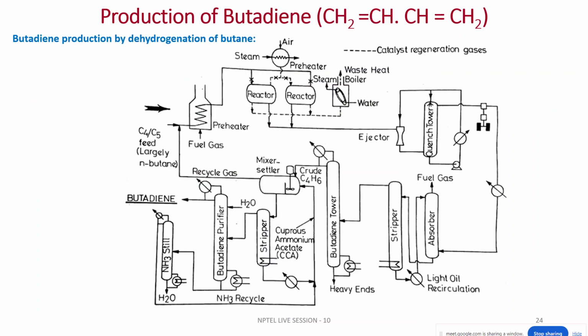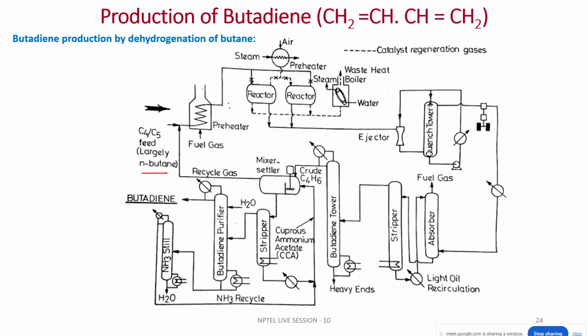So now we will be discussing the production of butadiene, with a flowchart to describe the process. You can see that this C4 to C5 feed, which largely contains n-butane, is preheated with the fuel gas.